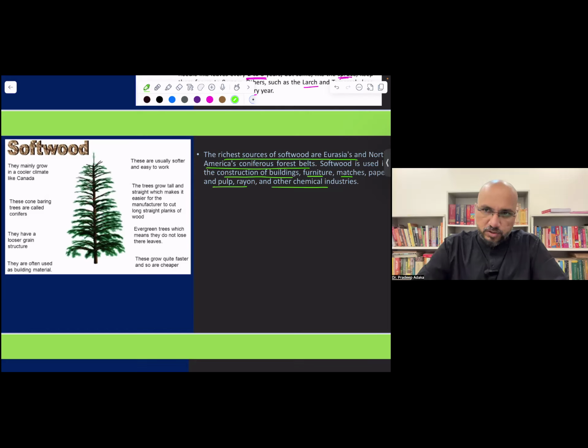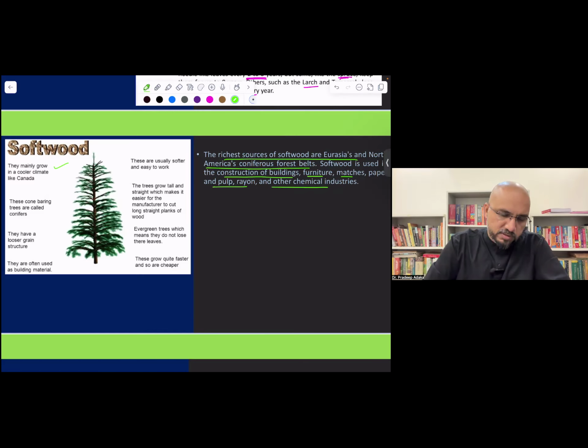So pines or conifers are softwood. Normal deciduous, tropical, or broadleaf trees are hardwood, mainly. Softwood trees grow in cooler climates, which is one of the main characteristics of conifers.